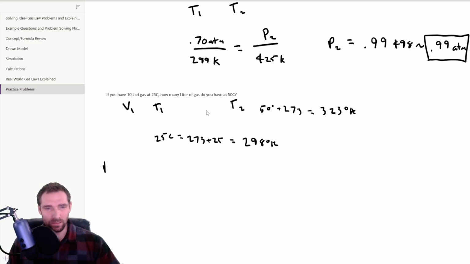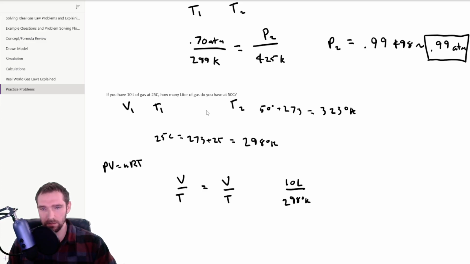If we look at this, PV equals nRT, so this is V over T is equal to V over T. It looks like we had a volume of 10 liters, over our T1, which was 298 degrees Kelvin.